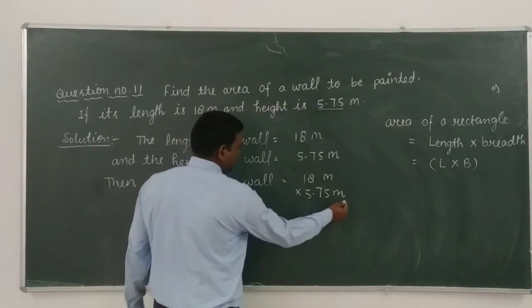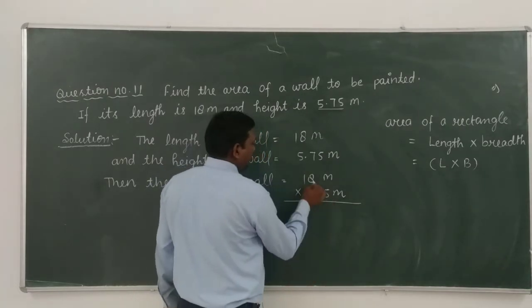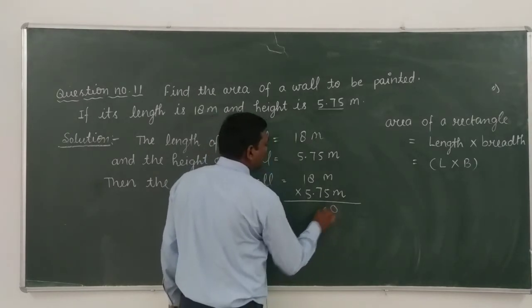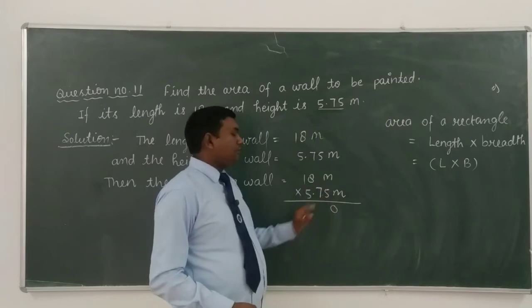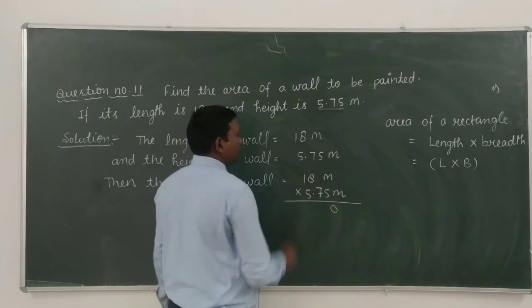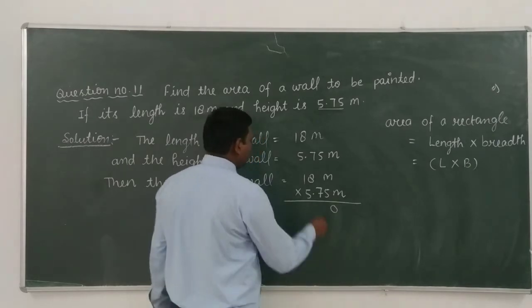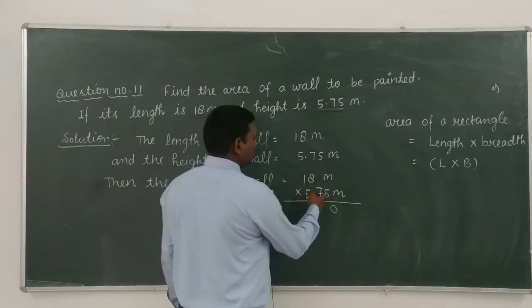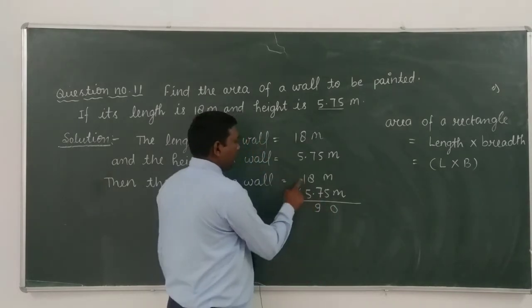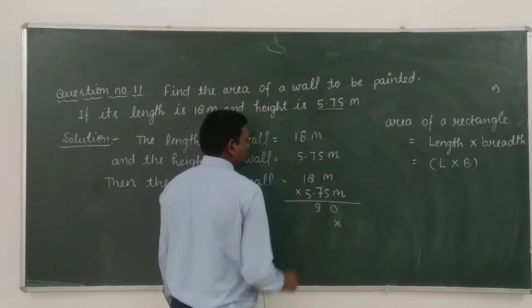Okay, now let's start multiplying. 5 8s are 40, write 0, carry 4, 5 1s are 5, 5 plus 4 is 9. Okay, now let's start.